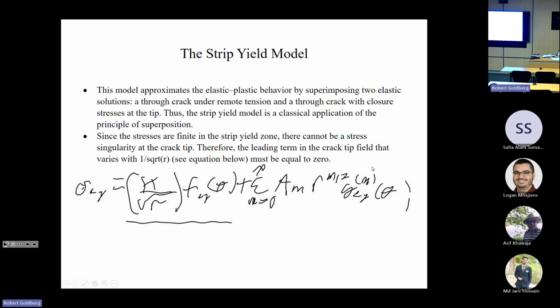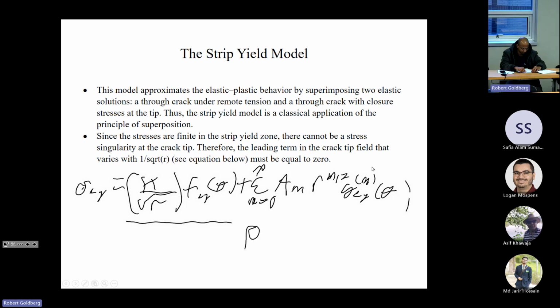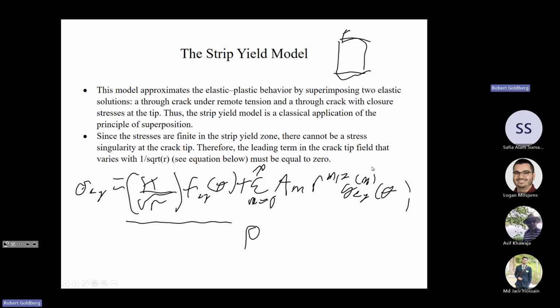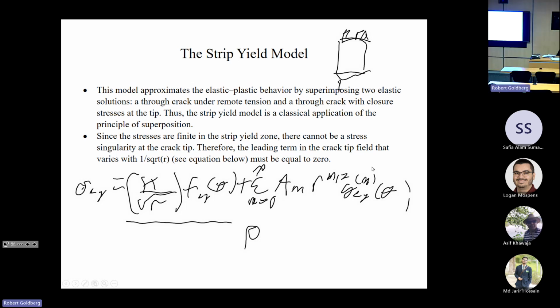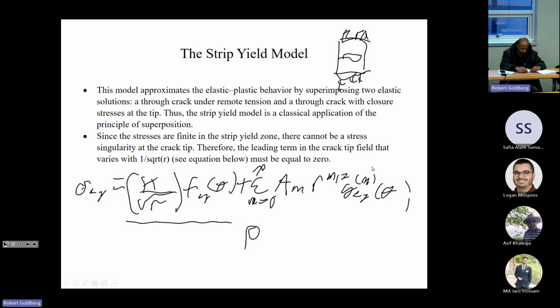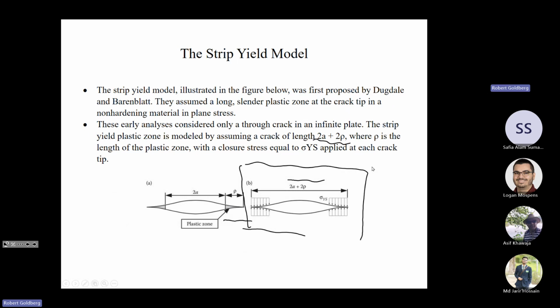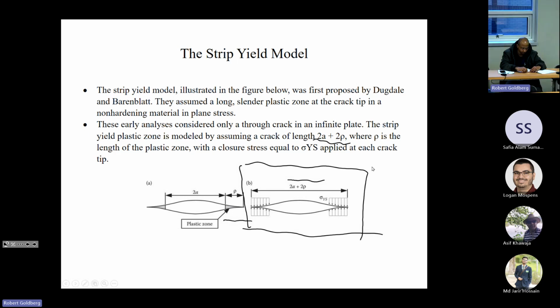And therefore, this plastic zone length rho that we talked about has to be chosen such that the stress intensity factors from our original case, where we have just our infinite plate under tensile loading and the crack sitting in the middle, cancel out with the stress intensity factor from this case, if we just had this plate and the only stress applied was this closure stress at the crack tip.